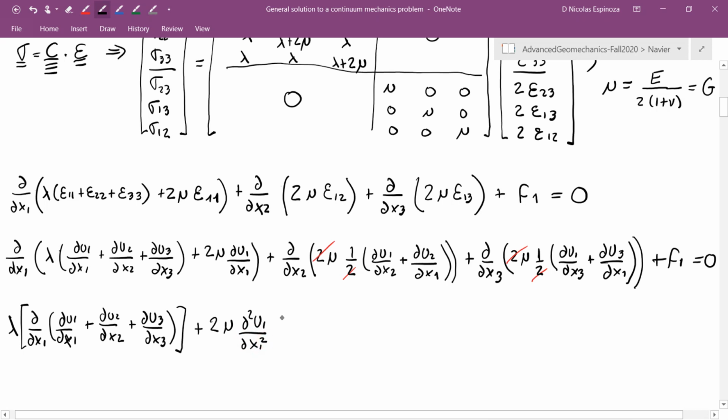And similar to that, what I'm going to do is I'm going to now apply the derivative x2 with respect to these 2 terms.